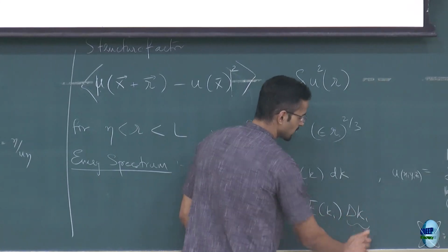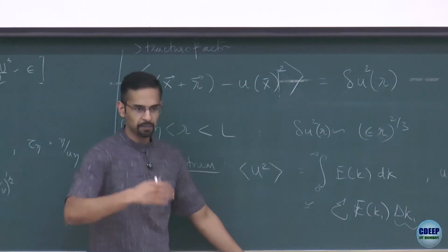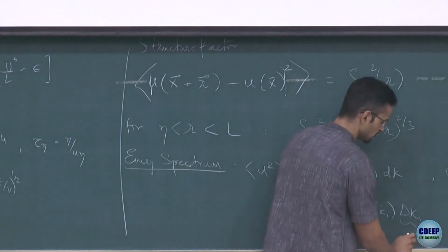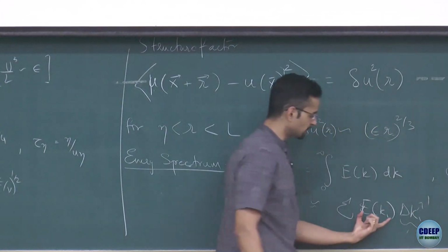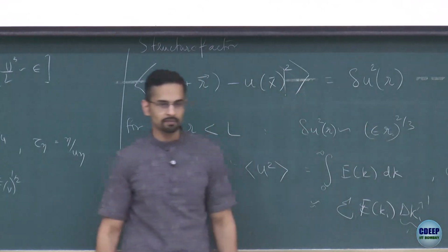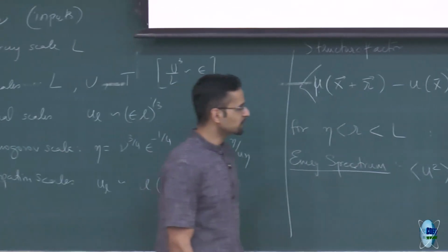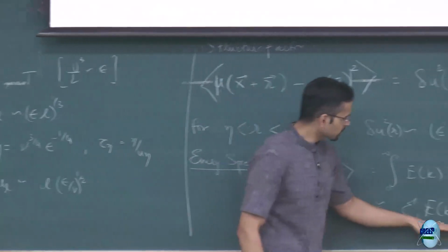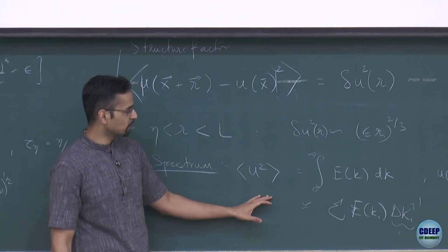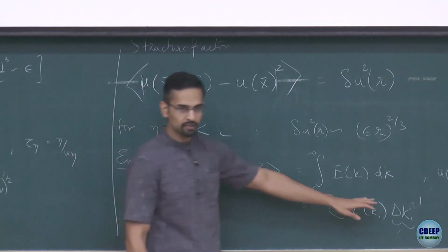In the end, this will be approximated by a summation over delta k, which typically you take to be 1. So I sum up k equal to 1, 2, 3, 4, and this will be the energy content in that discrete shell. This is the way I would do it numerically, but the upshot is that if I have a 2-dimensional or, usually, 3-dimensional turbulent velocity field, I simply take its Fourier transform.